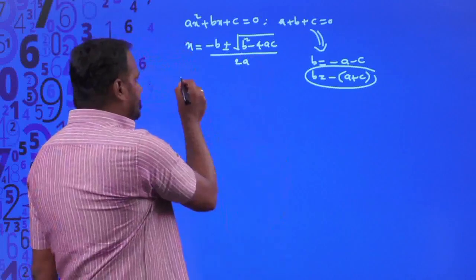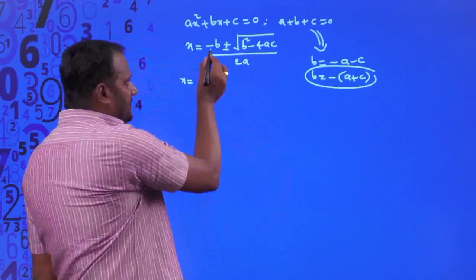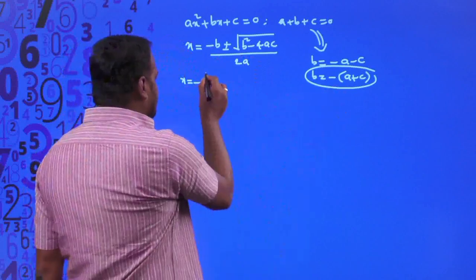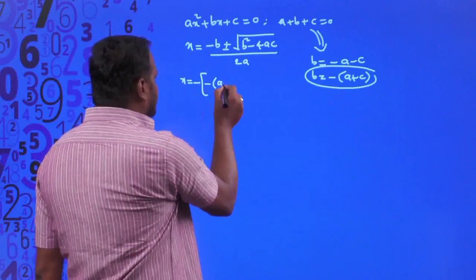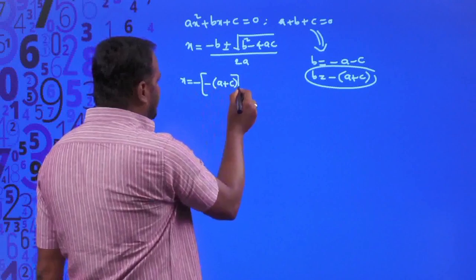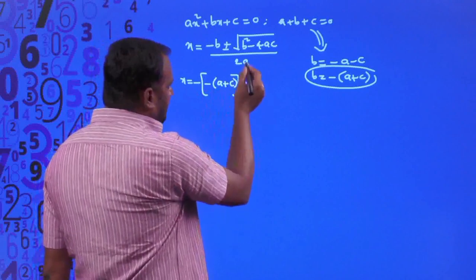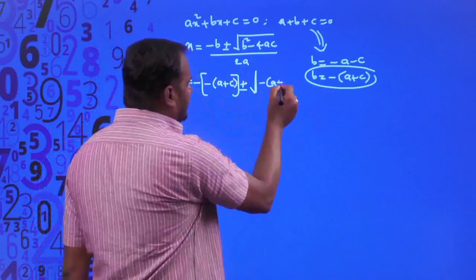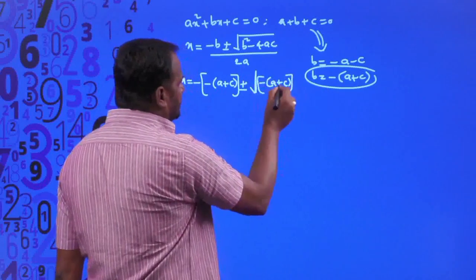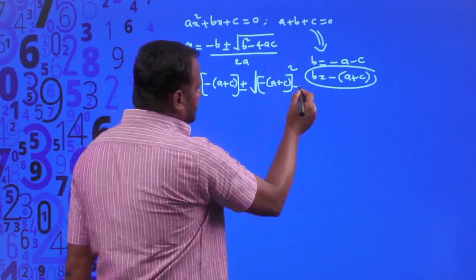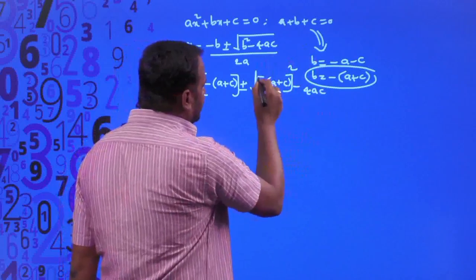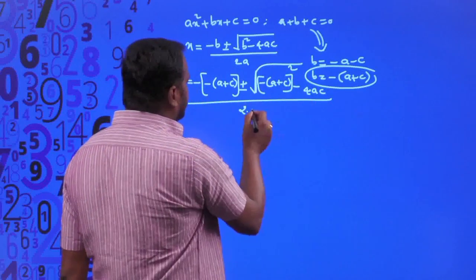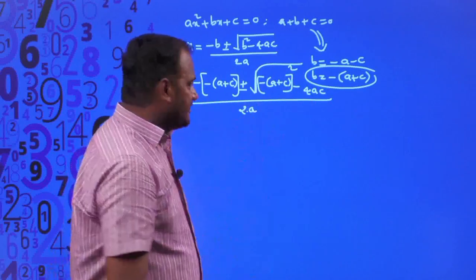Then this formula will become x is equal to minus b. B is going to be minus of a plus c, right. So, minus into minus of a plus c plus or minus square root b square. B is equal to minus of a plus c, whole square, minus 4ac, whole divided by 2a, that is, 2 into a is equal to 2a, right.